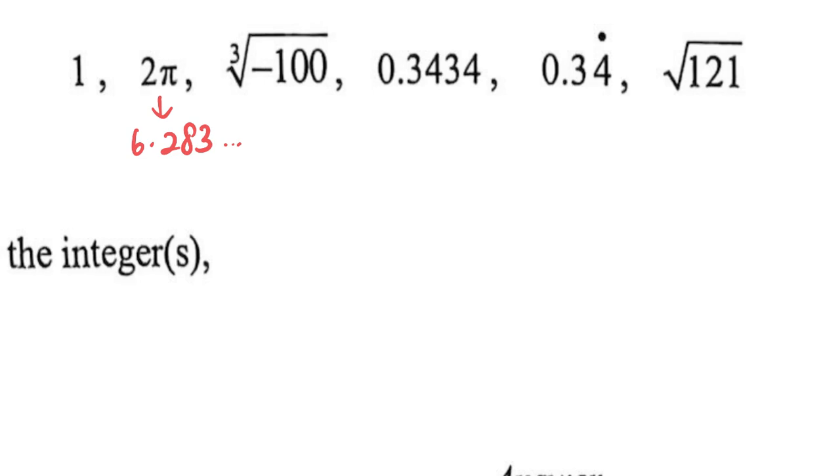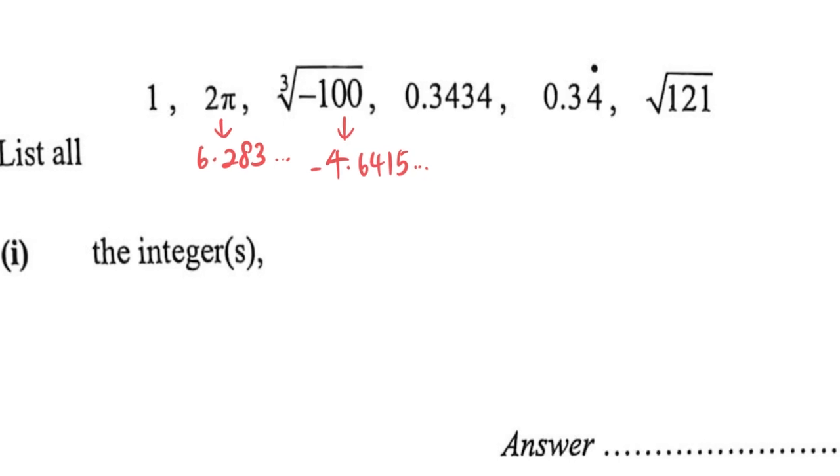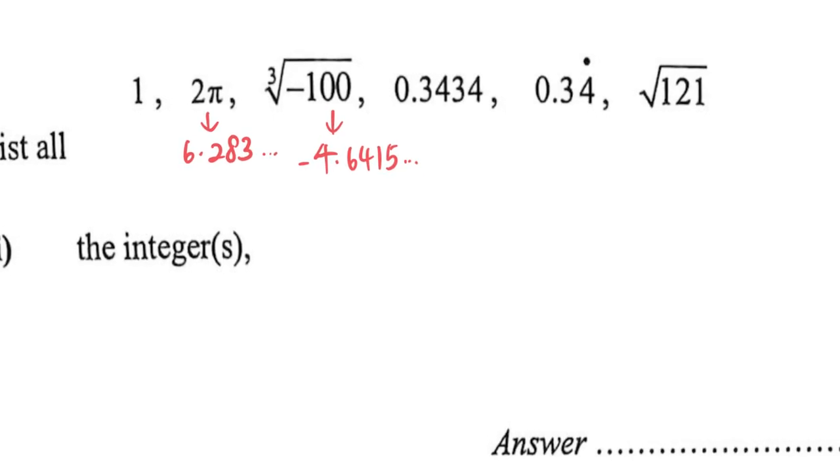The cube root of negative 100 is negative 4.6415, also not an integer. And this one will be 0.34444, never ending. Square root 121 is 11.